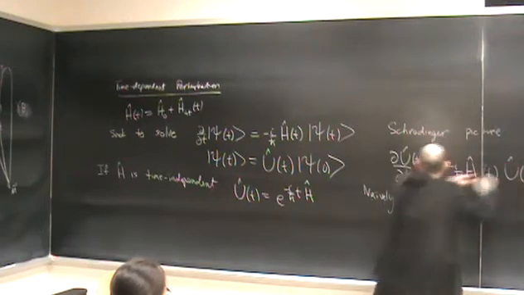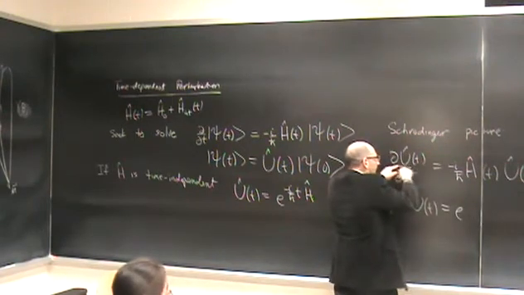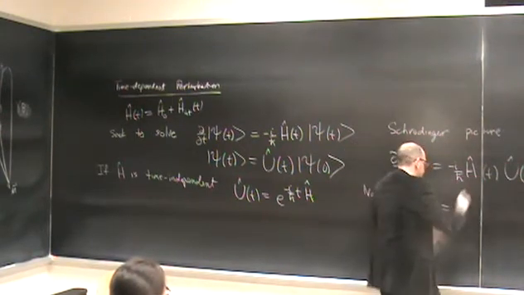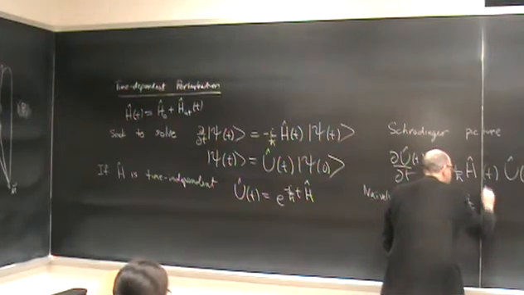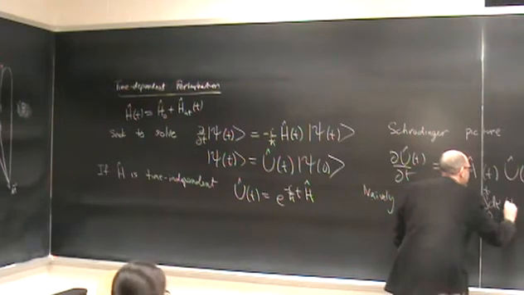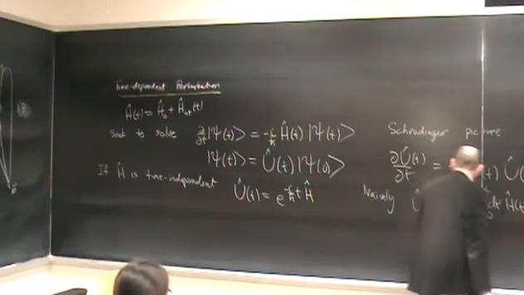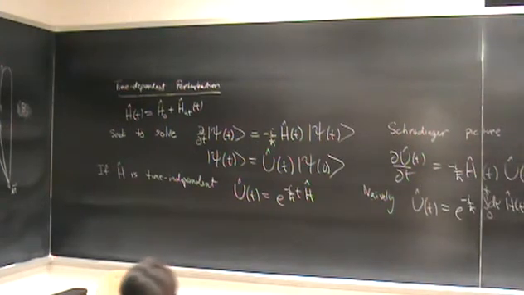We write this as this, and then we have the log, and then we have the integral, and this would be e to the minus i over h bar, the integral from 0 to t of dt prime H of t prime. That's what we might have thought if we just treated these like functions.